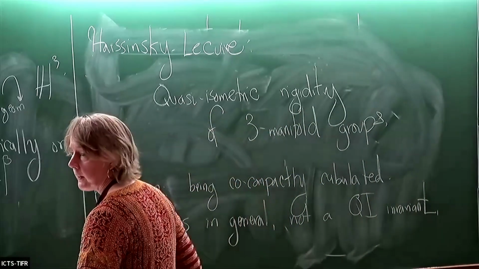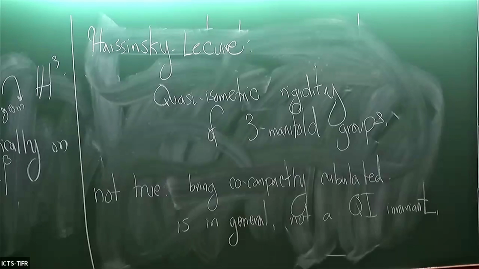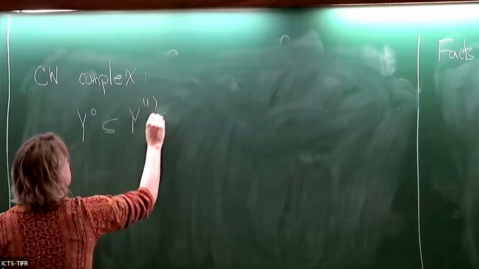All right, so let me talk just a little bit about CW complexes. So to try to get some more structure on our group, instead of just having a metric space and a boundary, we'll make it out of blocks. So a CW complex, I just build it out of the 0 cells and the 1 cells.